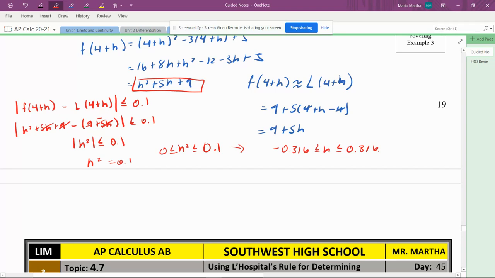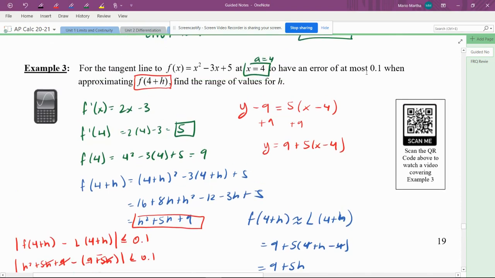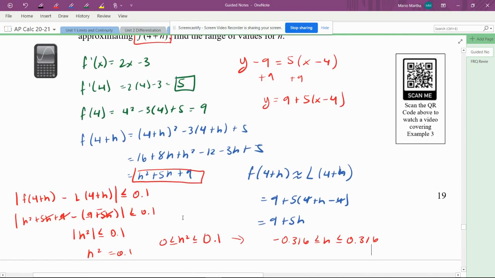So in order for this to happen, h has to be between those two values, in order for this to have a margin of error of at the most 0.1. So that's exactly what it means: h has to be between negative 0.316 and positive 0.316 to have a margin of error of 0.1.